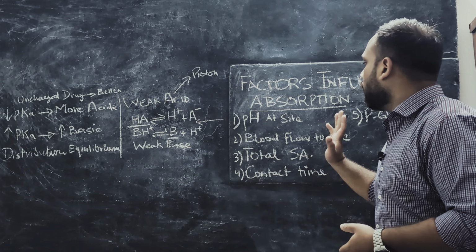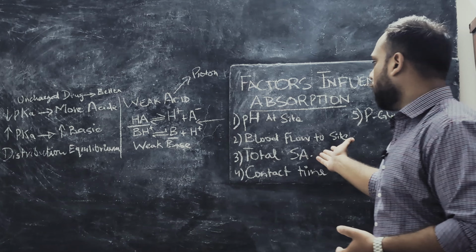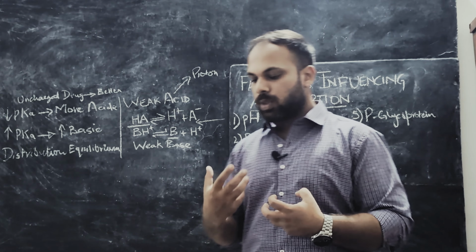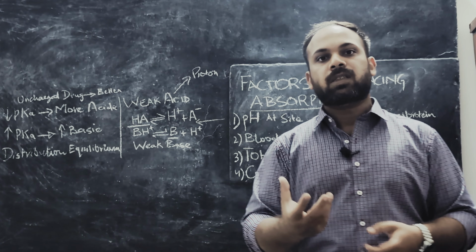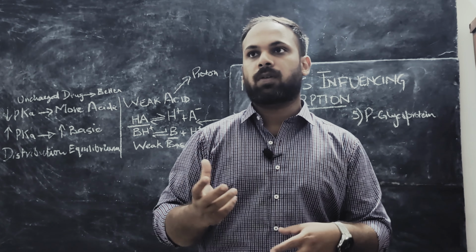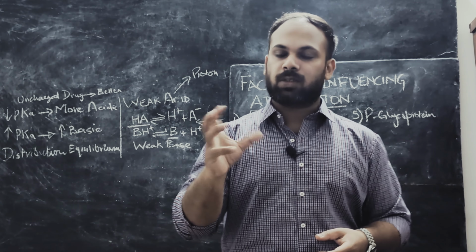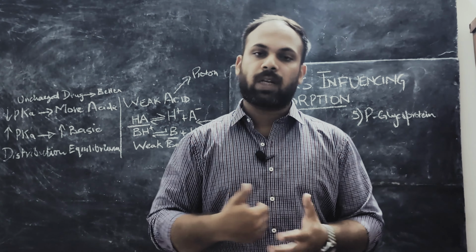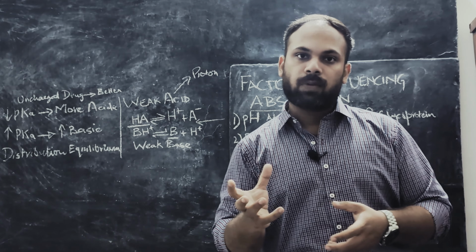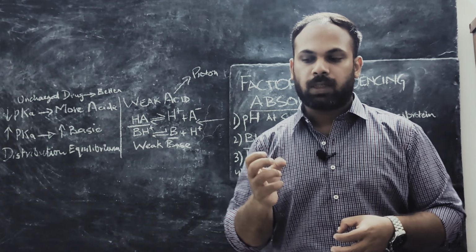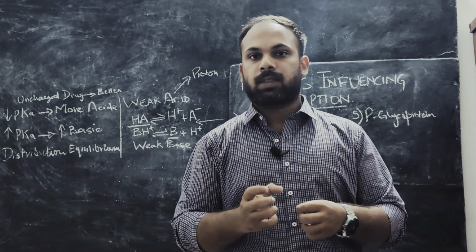The third most important one is total surface area. As you know, your intestine has brush-like filaments, also known as microvilli, and these microvilli are capable of absorbing a lot of things from the intestines.